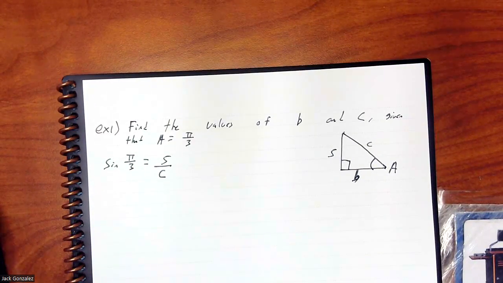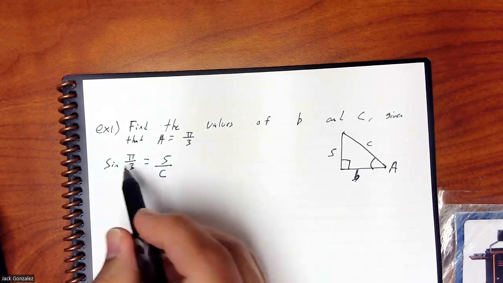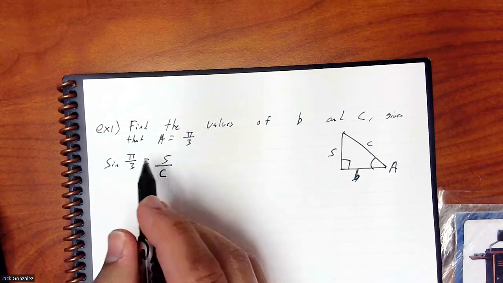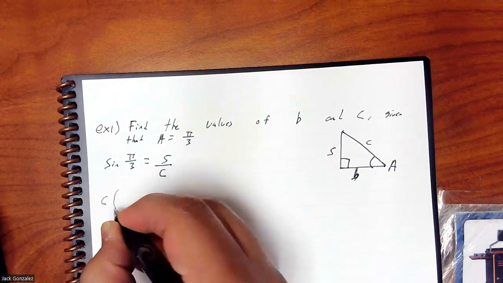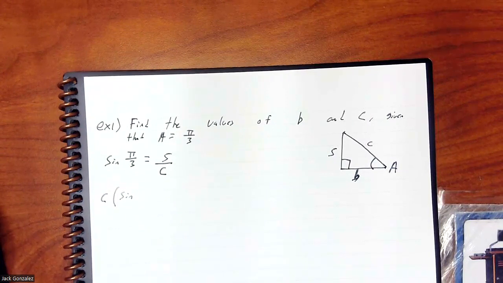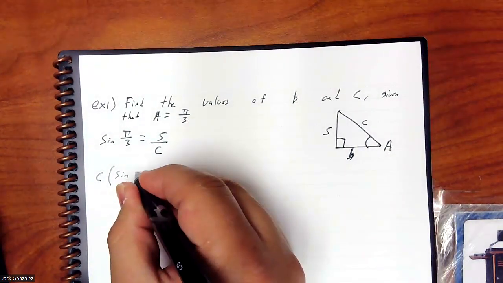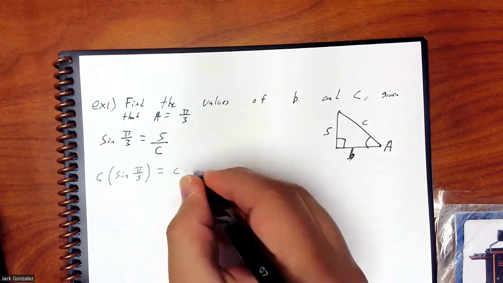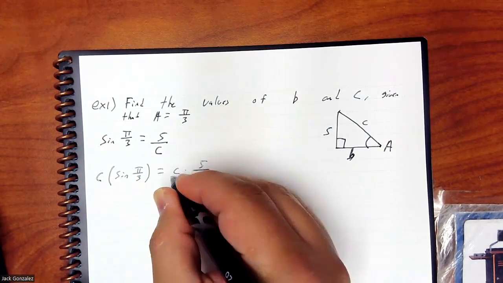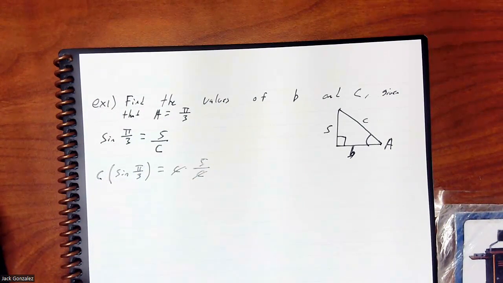Okay, so solve for C. You can multiply both sides by C. It's one way to do it. C times sine of pi over 3 is equal to C times 5 over C. Okay.